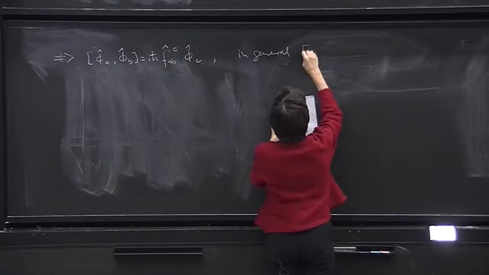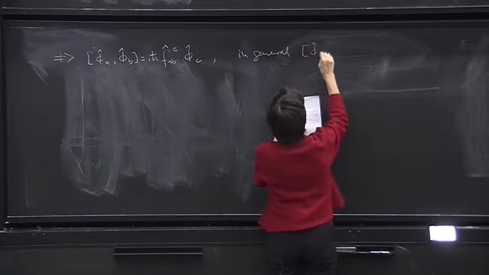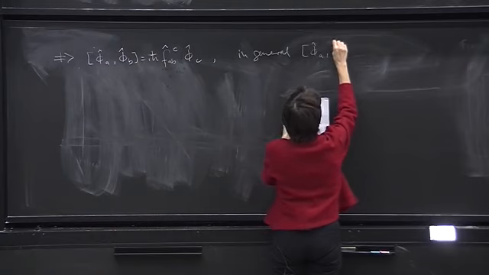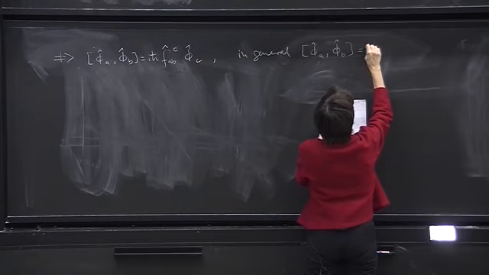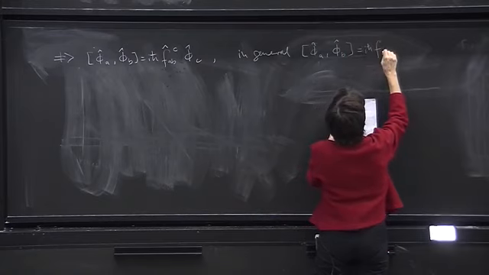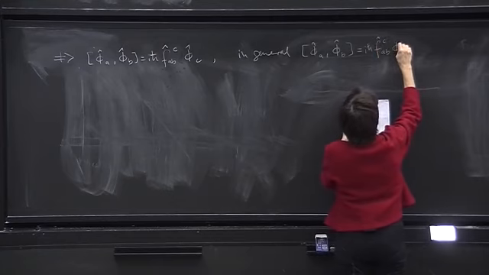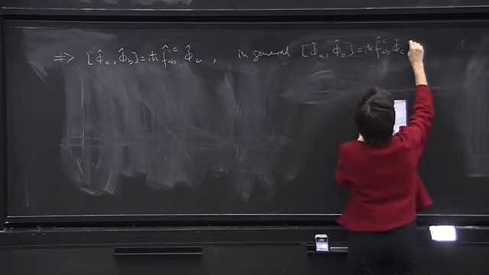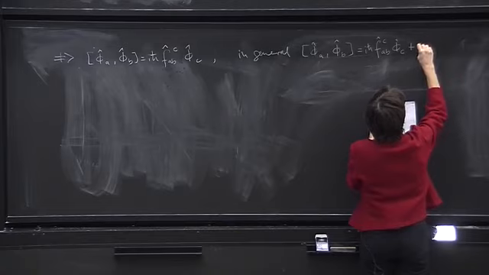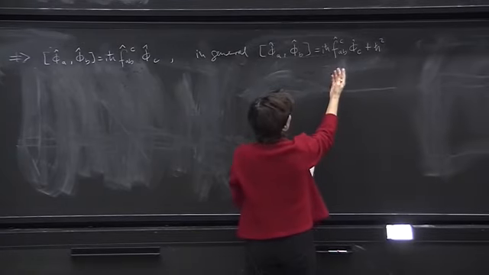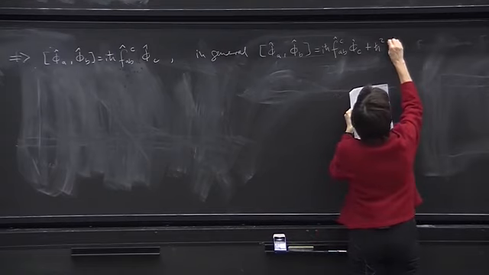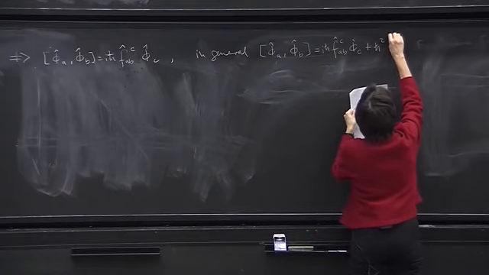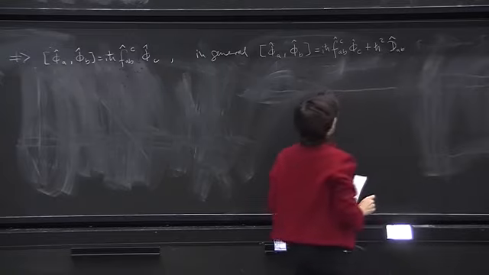So in general, what will happen is that phi hat A, phi hat B is equal to i h bar F A B C phi hat C plus some additional terms proportional to h bar squared, because they involve one more quantum commutator, and some array where at least some of these entries are non-vanishing.